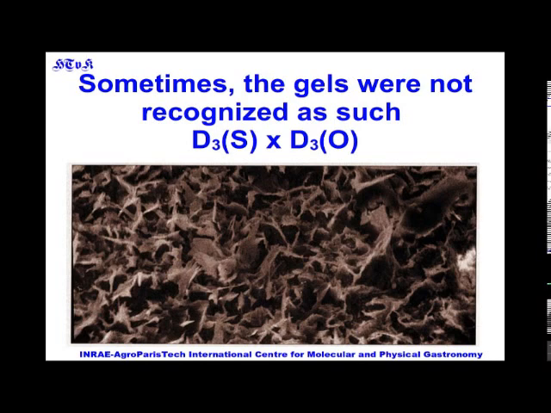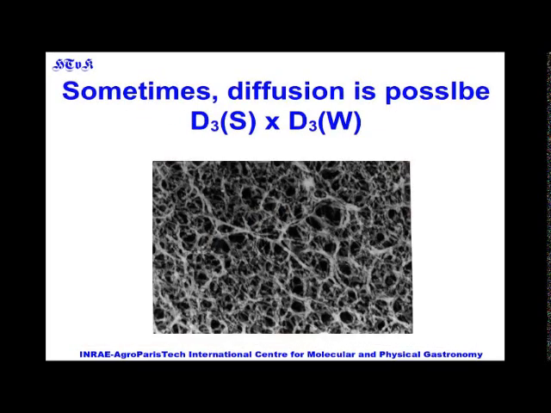We have a D3 solid, the fat crystals, and inside we have another continuous phase, D3, of oil, which is liquid fat. When we have a gelatin gel, we have D3 cross D3, because we have two continuous systems, and it has to be described.